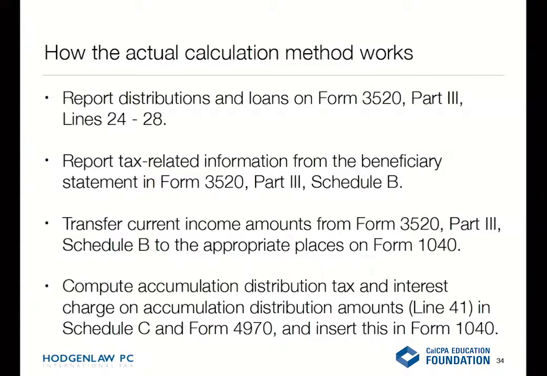Then you transfer those current income amounts from Schedule B of 3520, Part 3 to the appropriate places on Form 1040. And then lastly, you compute accumulation distribution tax and interest on the accumulation distribution amounts if you have an accumulation distribution when you're under the actual method. And that goes in Form 1040 in your other taxes area.